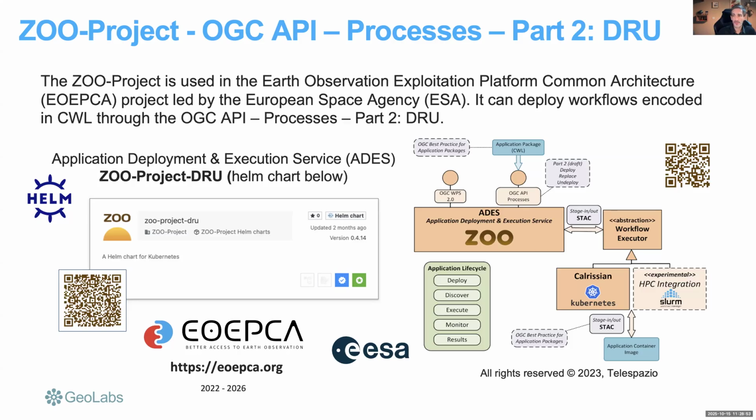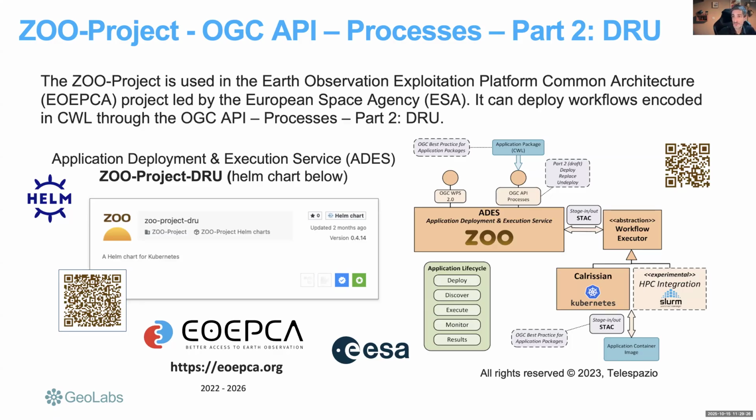Initially we were downloading the data, processing the data and providing the result. While with this capability of deploy, replace and undeploy, we are now able to deploy the application package where the data is, for example, on Amazon Cloud or Google Cloud, and avoid making the data transit from one end to the other, reducing the cost of moving data from one cloud provider to another one.